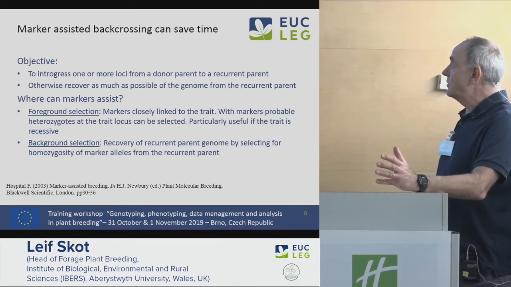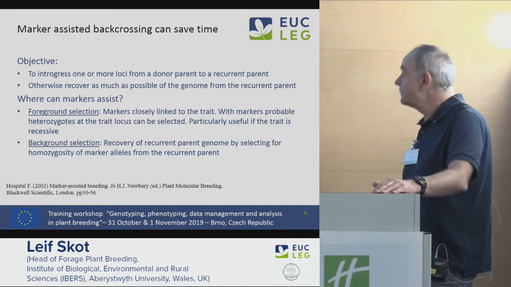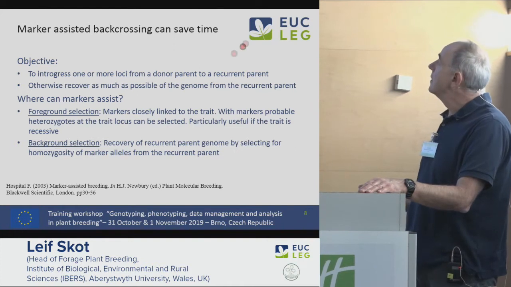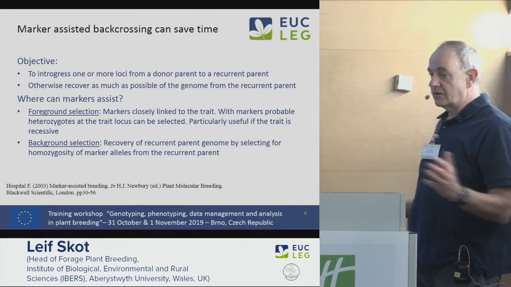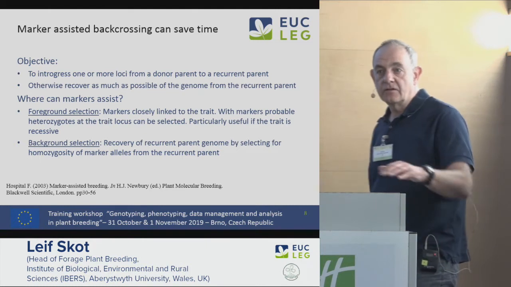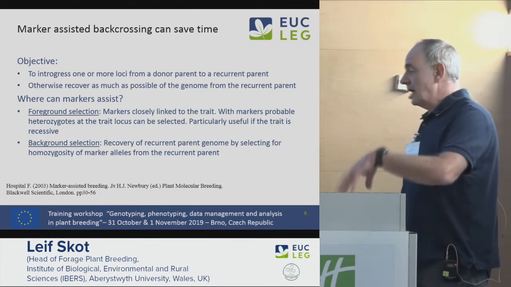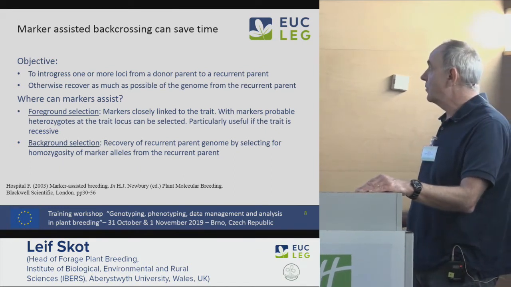You want to integrate one or more loci from a donor parent into a recurrent parent, and otherwise recover as much as possible of the recurrent parent genome, because from the donor parent you risk a lot of rubbish that drags down the agronomic characteristics of your crop.